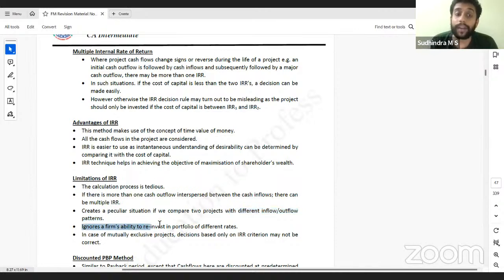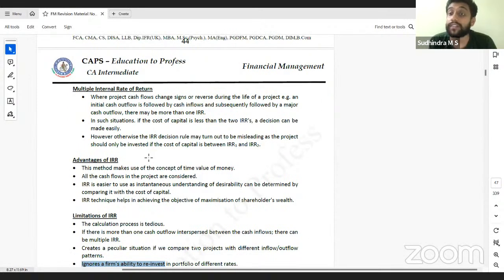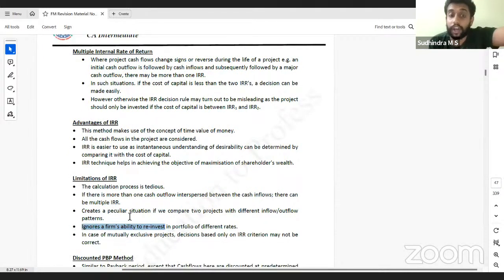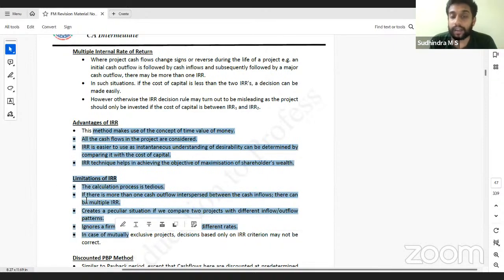Then it ignores the firm's ability to reinvest. Here the reinvestment assumption is at IRR rate, but normally it need not be at IRR, it can be at different rates. So it ignores the firm's ability to reinvest in portfolios at different rates. In case of mutually exclusive projects, a decision based only on IRR criteria may not be correct. Right? These are the limitations of IRR.